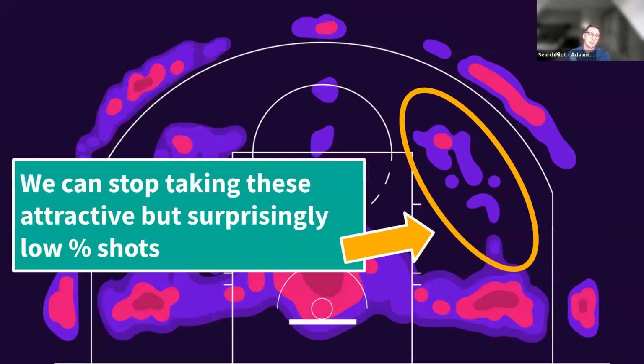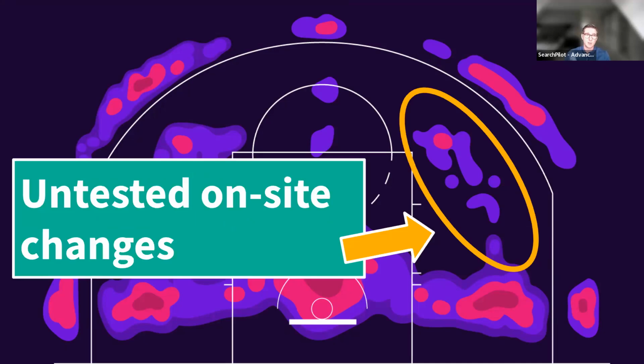And we can stop taking these difficult and attractive, but surprisingly low percentage shots, which in this case is untested on-site changes. I'm going to talk about this in a little bit, but what we find is that a lot of the changes that you would see on a typical SEO audit are actually inconclusive or negative.